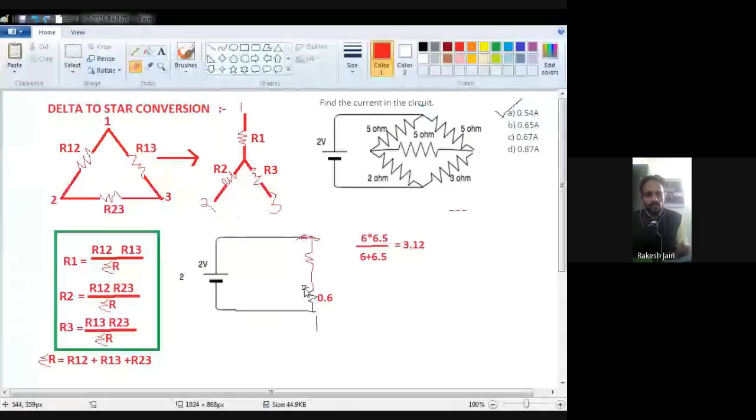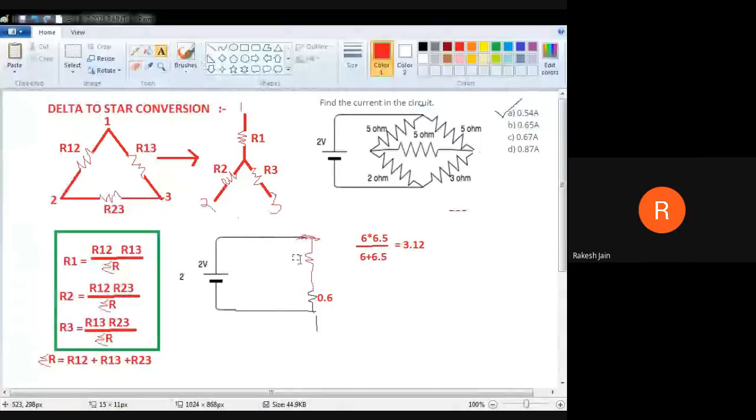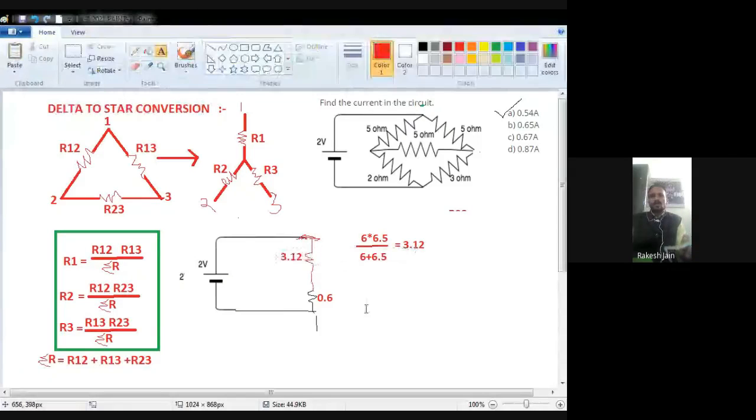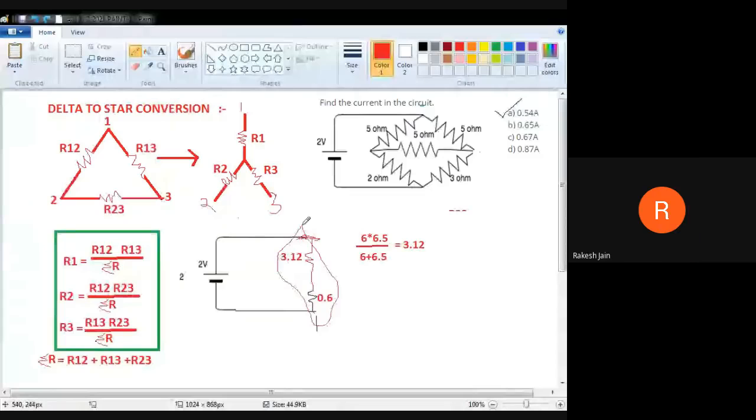Instead of these two resistances, only a single resistance will become, and that is of 6.5 ohm.